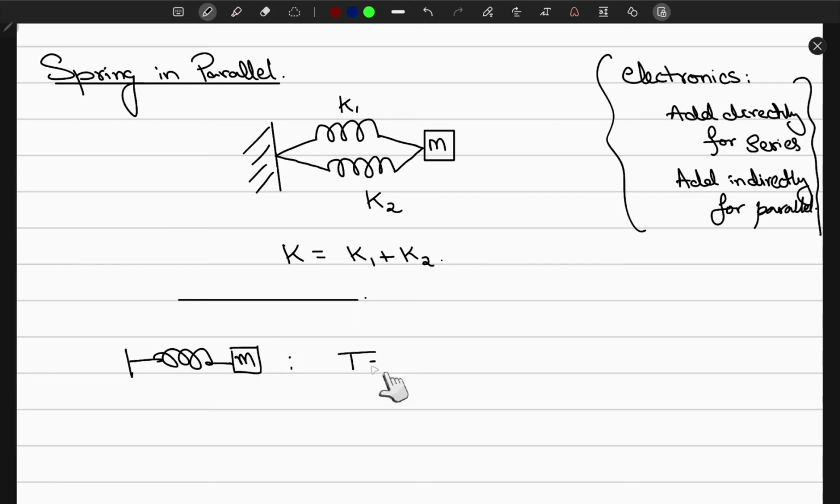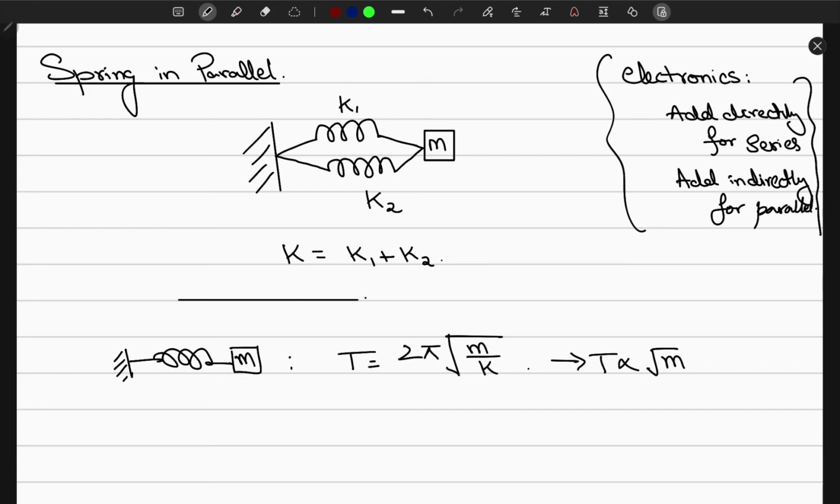It would be T equals 2 pi square root of m over k. If you look at this expression, you can see directly that the time period is directly proportional to the square root of the mass that is attached to this system.